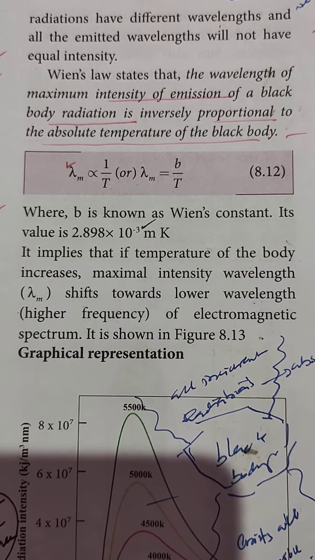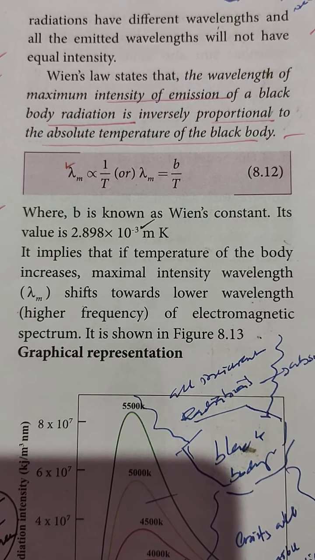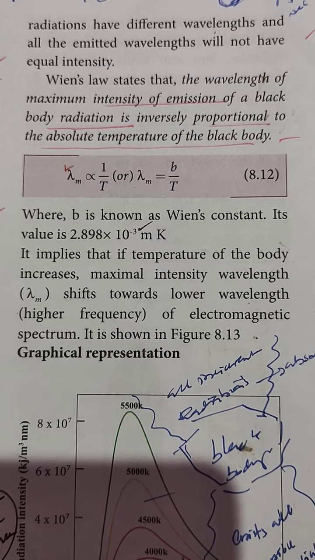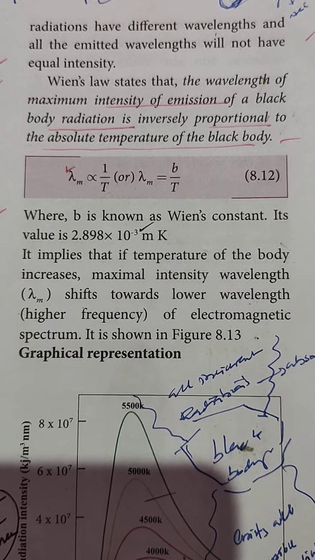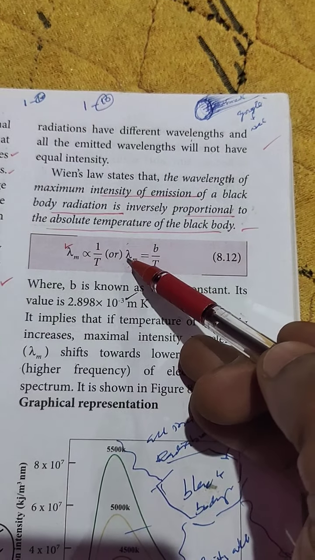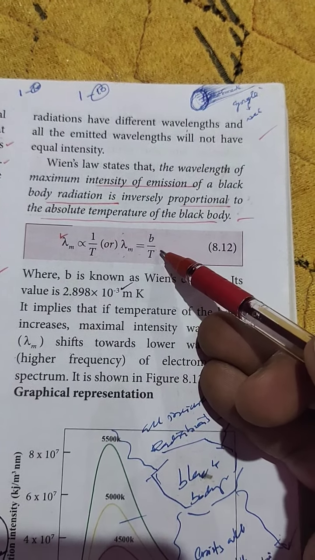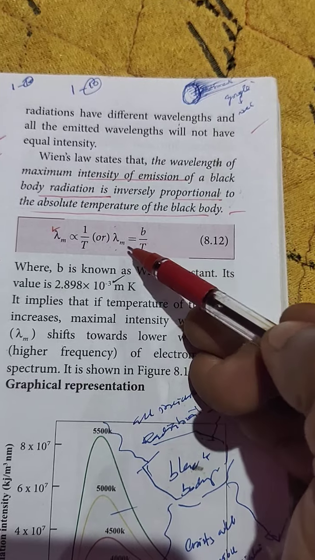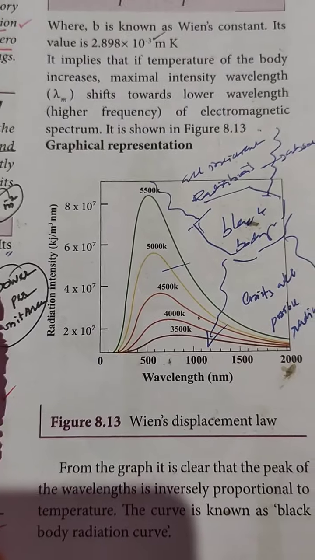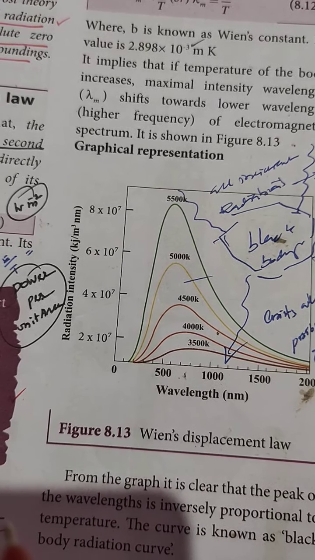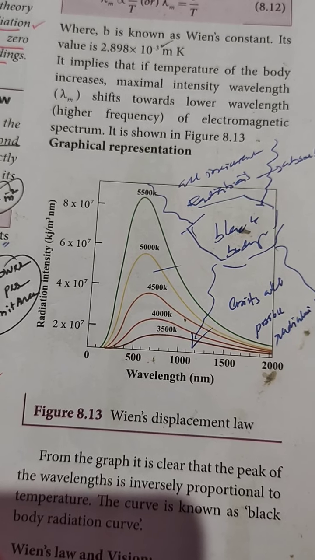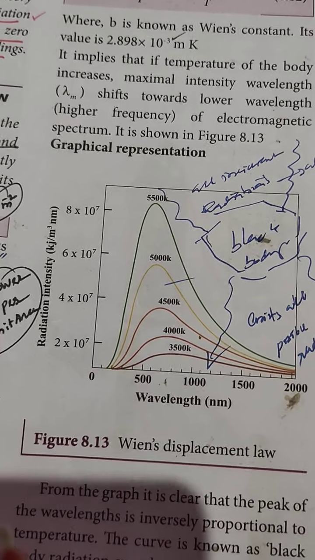It implies that as the temperature of the body increases, the wavelength of maximum intensity shifts towards the lower wavelength. As the wavelength increases, the temperature of the body decreases, which means inverse proportionality. Here is the graphical representation between the intensity of radiation and wavelength in nanometers.